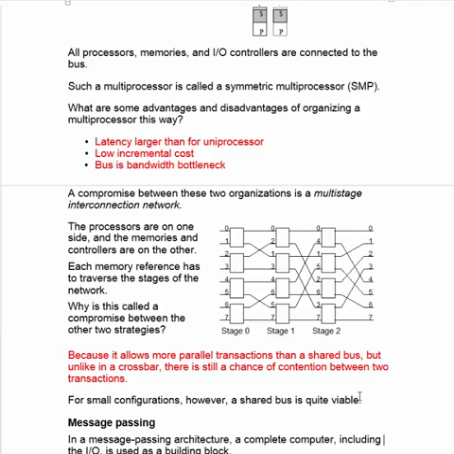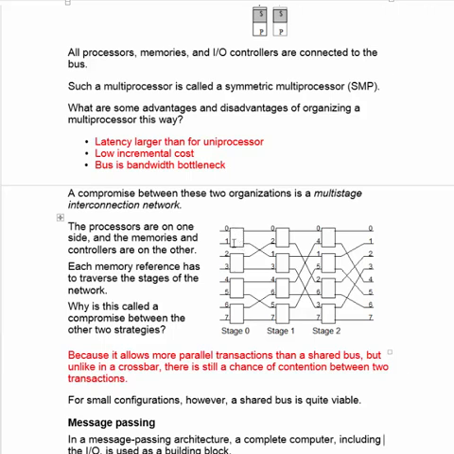Let's assume that in this case, processor 0 is trying to reference memory 0, while processor 1 is trying to reference memory 4. The path from processor 0 to memory 0 is to go straight across all of these switches. So these switches need to be set to pass through their inputs to the corresponding output.